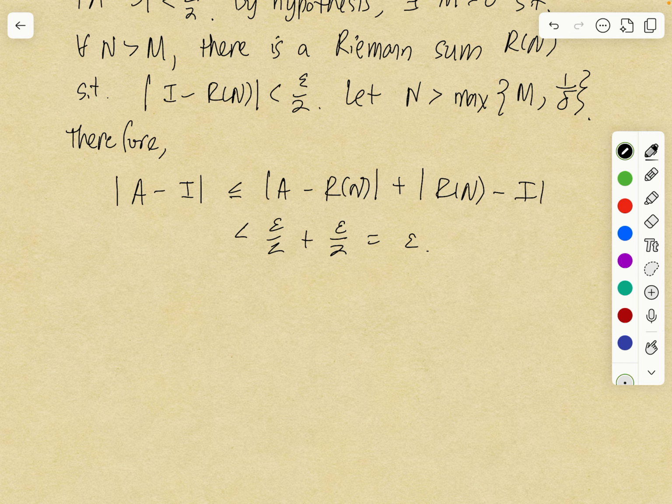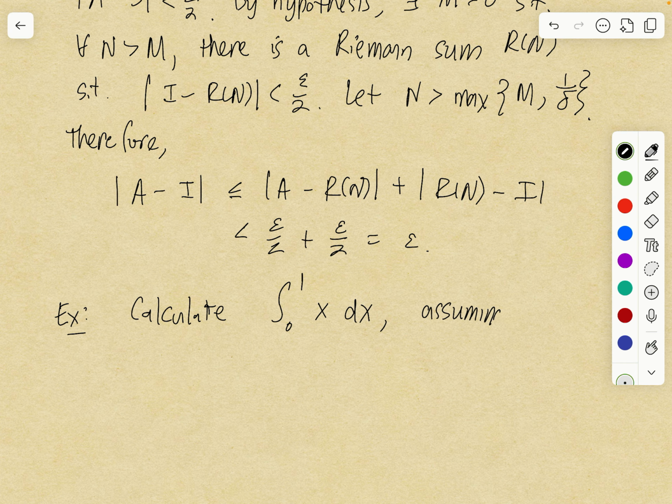So let's apply that lemma to actually calculate an integral. How would you calculate the integral from 0 to 1 of x, assuming that the integral exists?